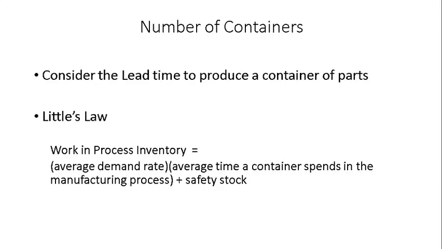In order to be able to calculate the number of containers, we need to use some empirical laws. One of those is Little's law, which gives that the working process inventory comprises two parts: the safety stock and the product of the average demand rate multiplied by the average time that a container spends in the manufacturing process.